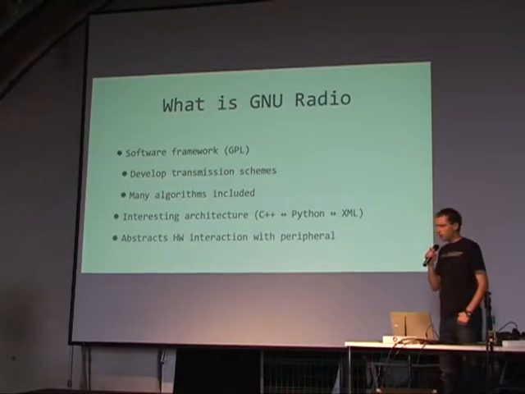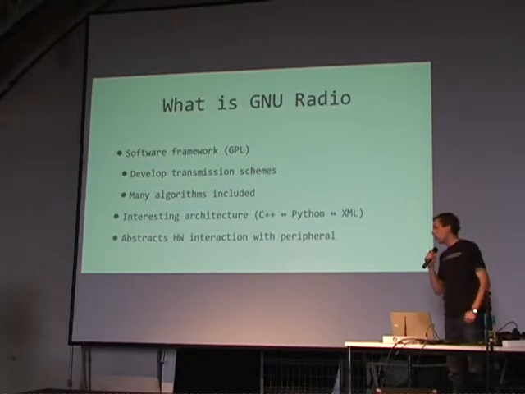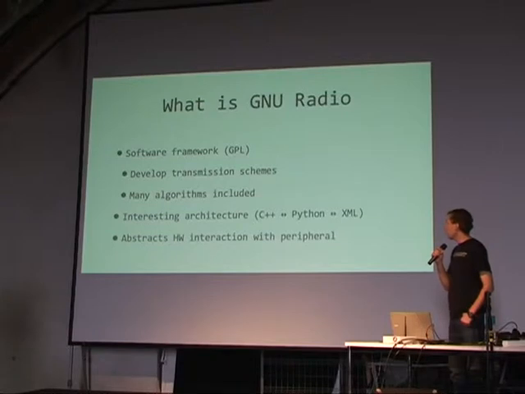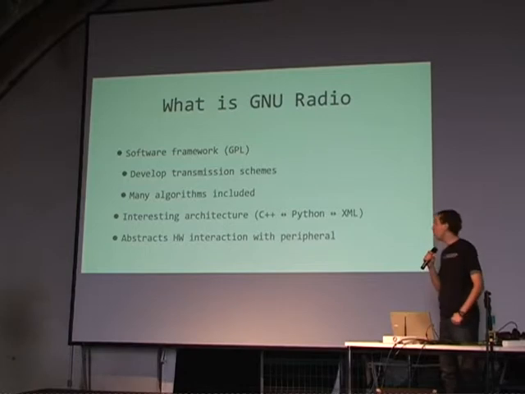And you will be able to get the data with just that device. So it is adaptable to many transmission schemes. And GNU Radio has many algorithms included, as I mentioned, modulations, filters, and in general stuff you have in the IEEE standards, for example.